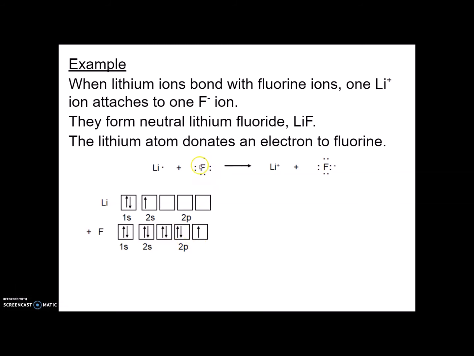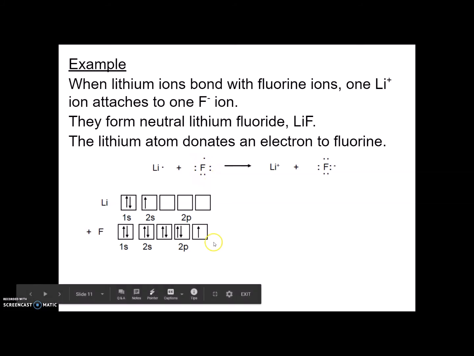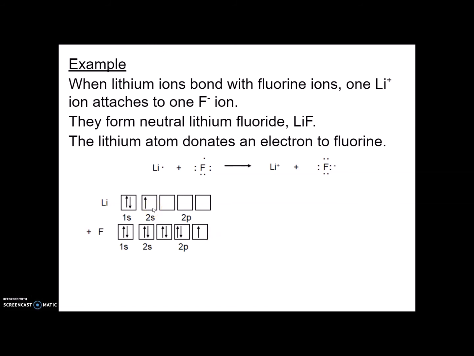That's why there's 7 dots around fluorine, not 9. In the transaction to form the ions of opposite charge and thus make them attract each other, the lithium is going to donate its one valence electron to fluorine, and it will allow fluorine to fill its 2p sublevel.